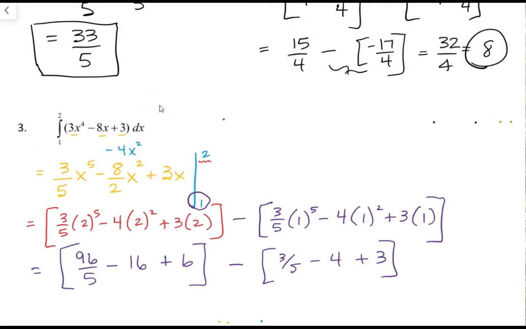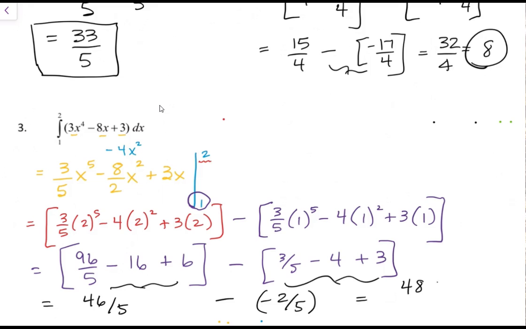So what I get when I do 96/5 minus 16 plus 6, I end up getting 46 over 5. And then minus 3/5 minus 4 plus 3 is -2/5. So the minus minus becomes plus, so I end up with 48 over 5 for my overall value.